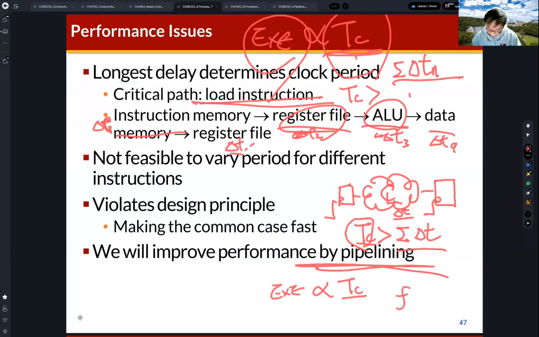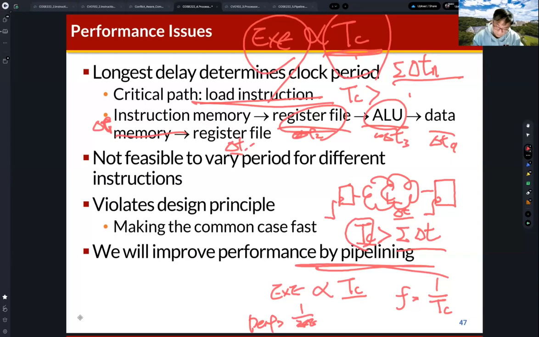The frequency is the inverse of the clock period, and the performance is the inverse of execution time. So if the clock frequency decreases, the performance will also decrease. I mentioned that this is the critical issue in a single cycle processor.